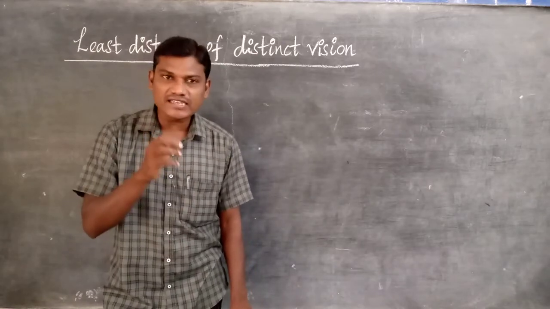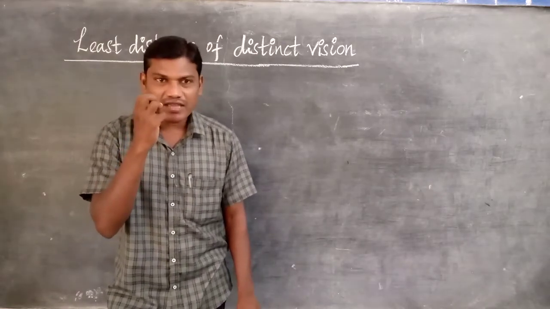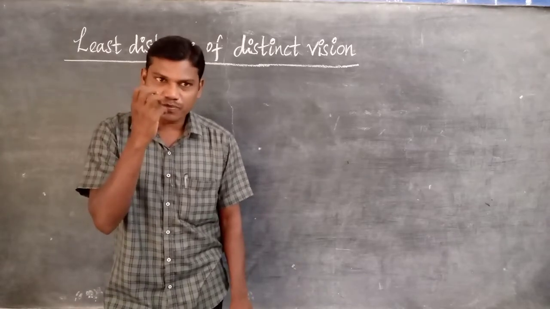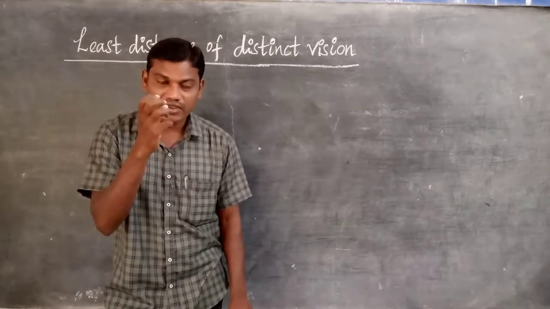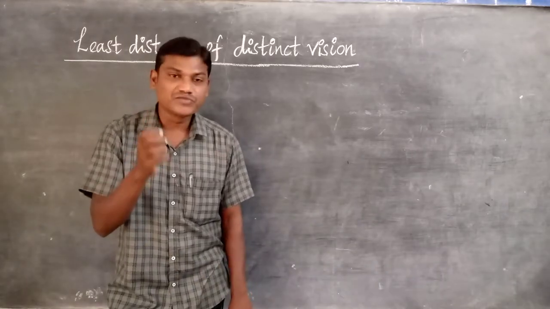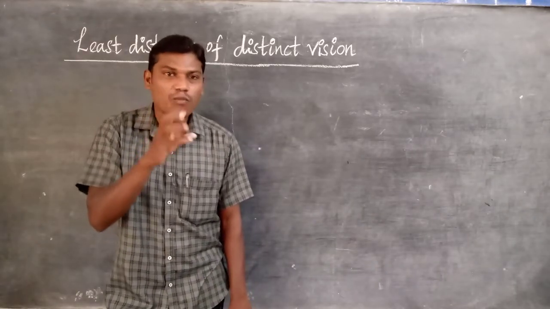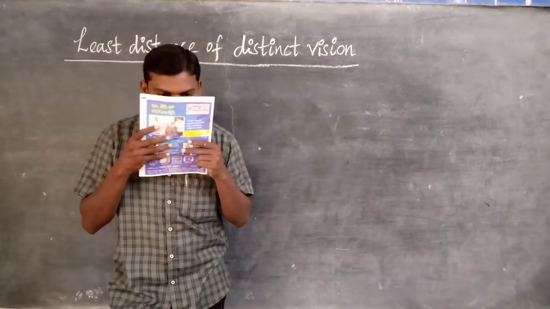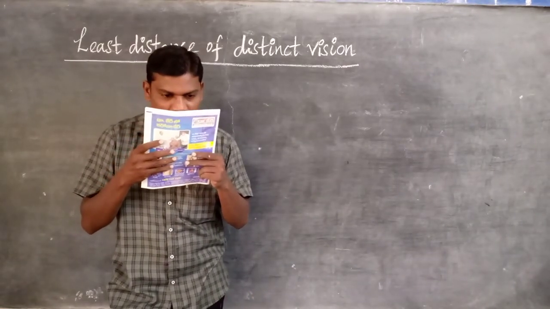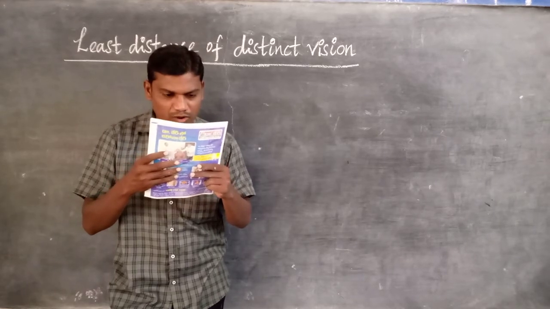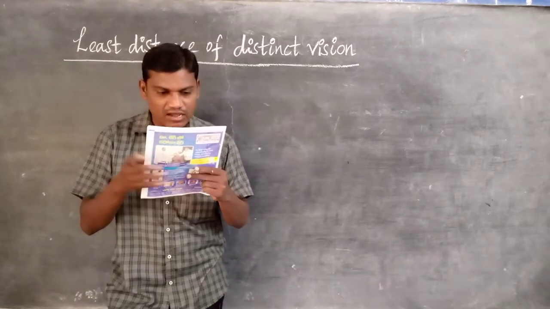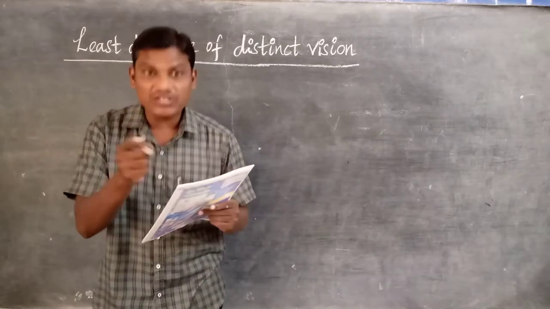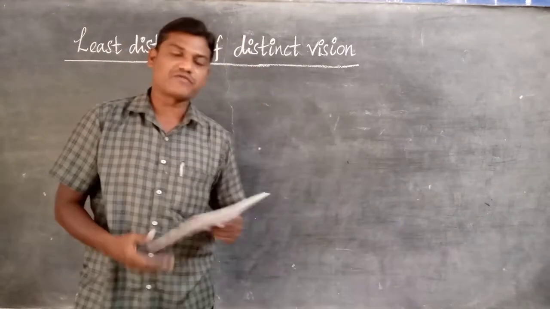And at that time our eye will be painful. Why is it painful after seeing the words very close to the eye? Because our eye cannot bear more strain. But the same letters in that book, if we slowly bring them away from your eye, at one particular distance you are able to see the letters without any strain. Listen very carefully.